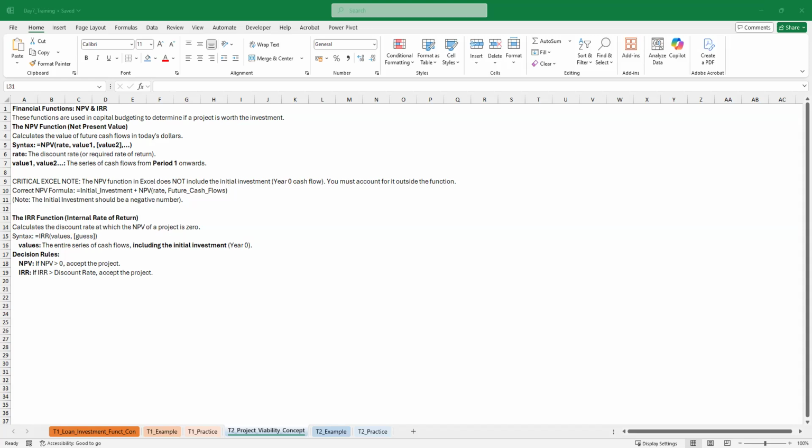The decision rule is very simple: if NPV is greater than zero, the project is financially acceptable, and if it is not, then it should not be accepted. The syntax is NPV, followed by rate, then value 1, value 2, which is the series of cash flows from period 1 onwards.